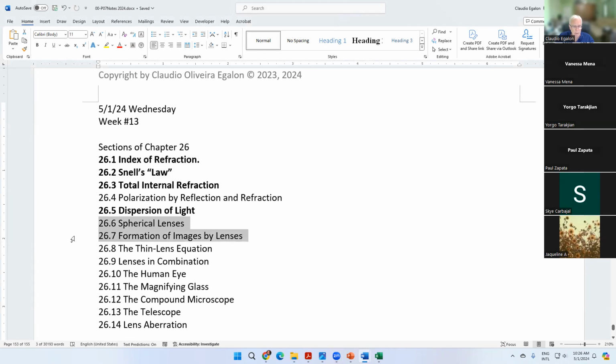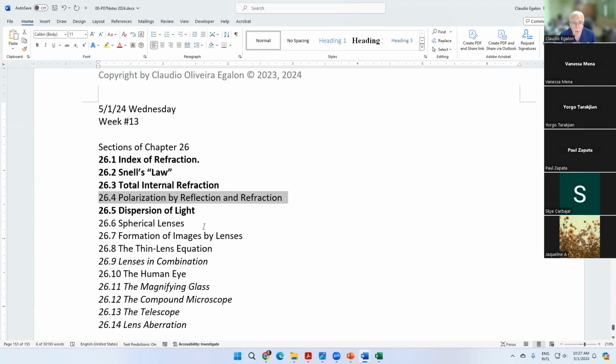Formation of images, the thin lens equation, that's what I want to cover. I do not know if there will be time to cover the rest, maybe the human eye. But I will cover as much as I can, and I want to get back to polarization too.